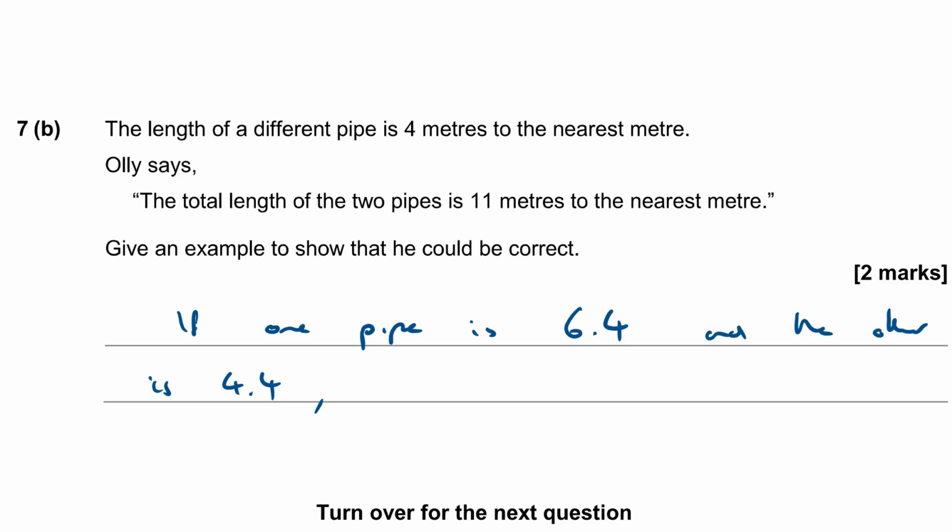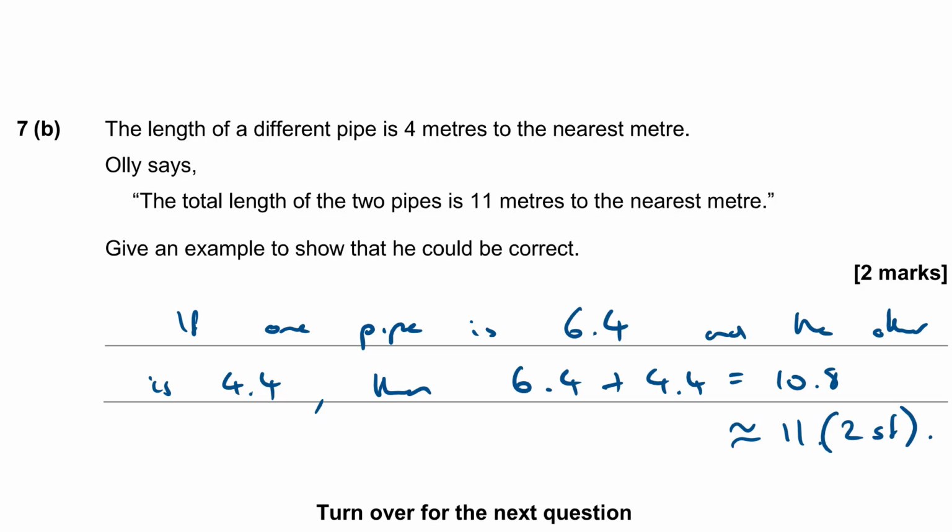So then 6.4 plus 4.4 is 10.8, which is closer to 11 than 10, isn't it? So yeah, it could be 11 to the nearest meter. Okay, so he's right.